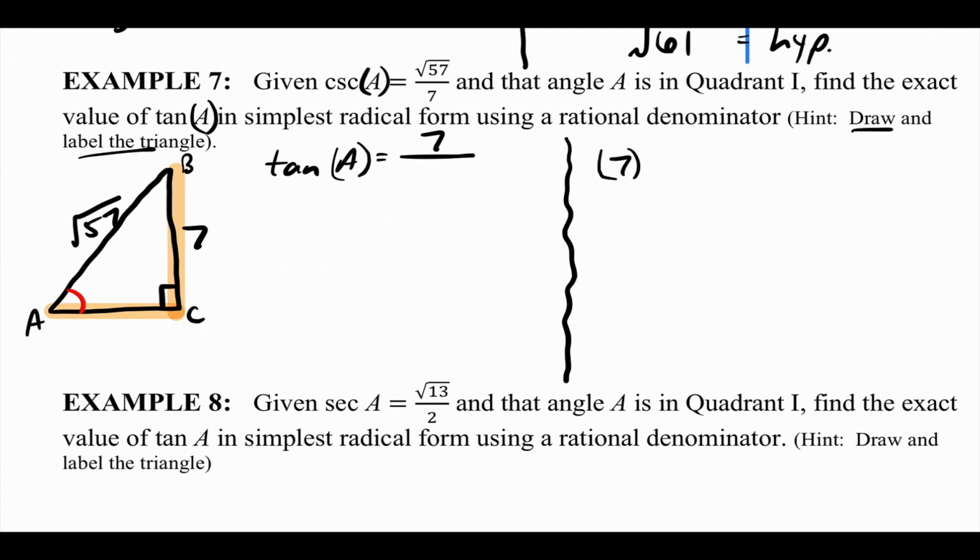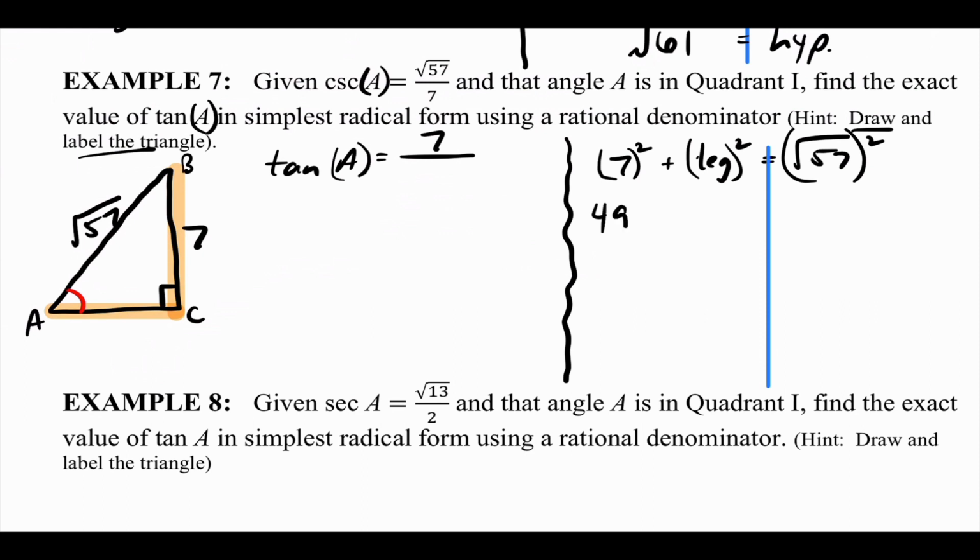So it's going to be 7 squared plus leg squared equals the square root of 57 squared. 49 plus leg squared equals 57.